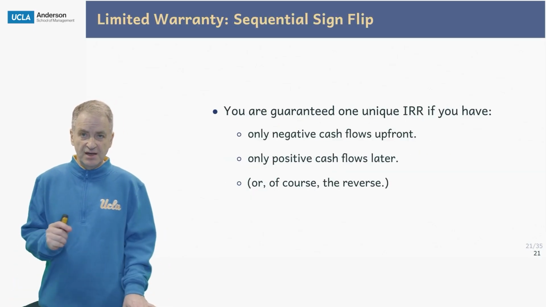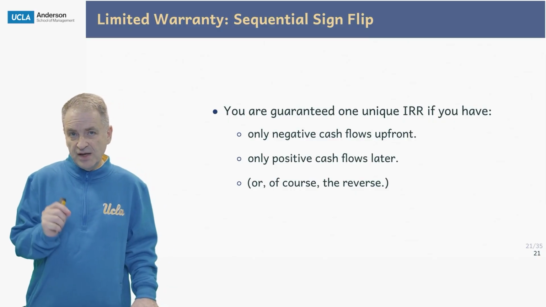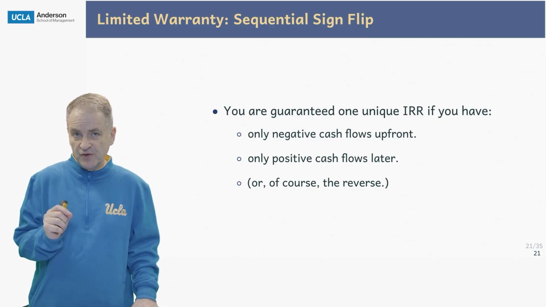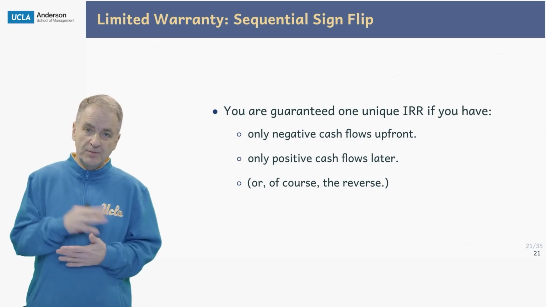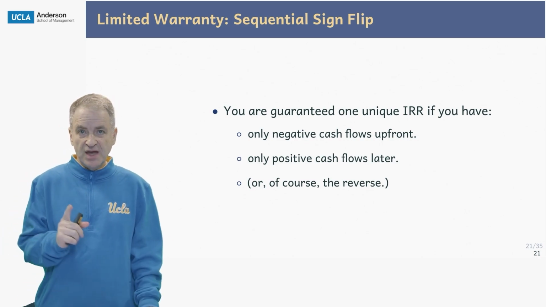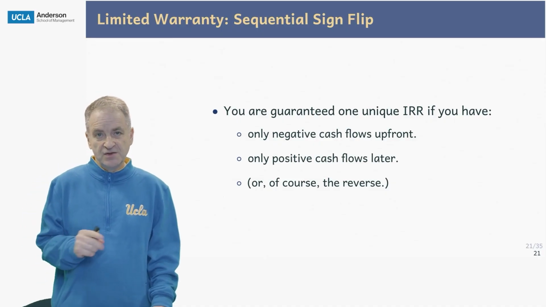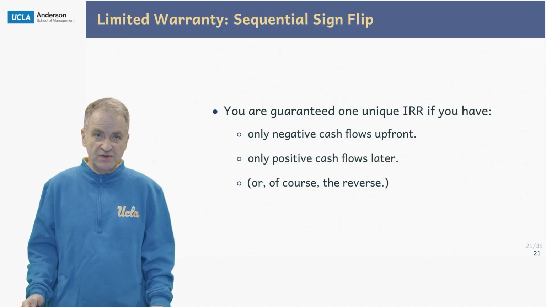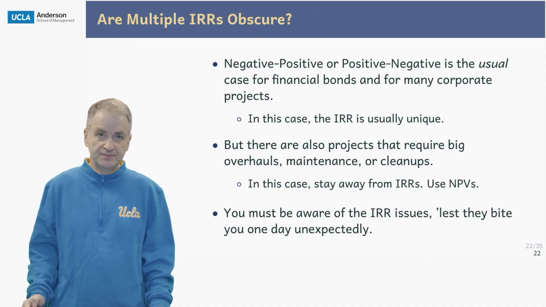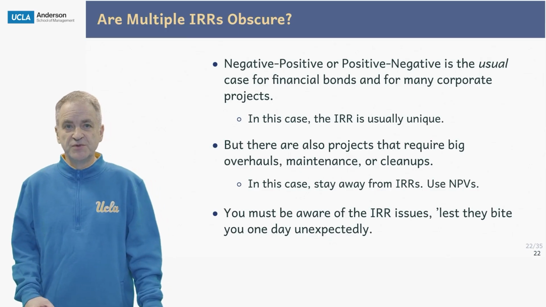The nice thing about the internal rate of return is that if you have only one cash outflow and everything else is cash inflows, or the opposite, you are guaranteed one unique internal rate of return. So then you don't run into the problem of multiple internal rates of return. Are multiple internal rates of return obscure?